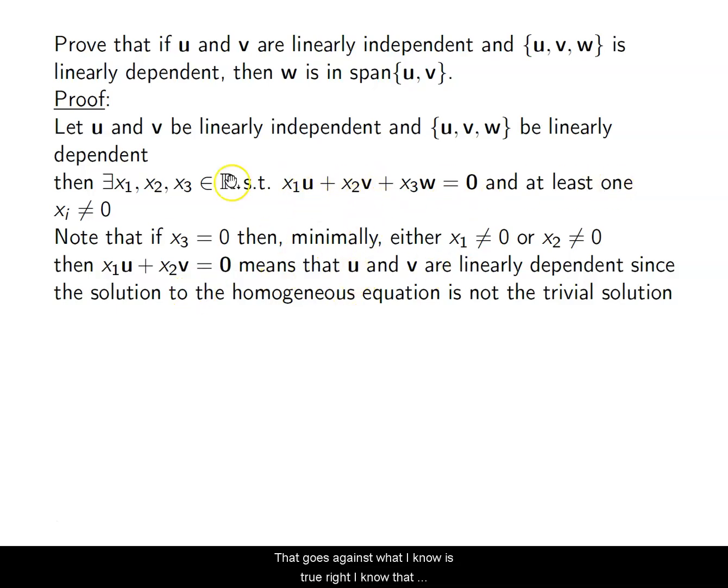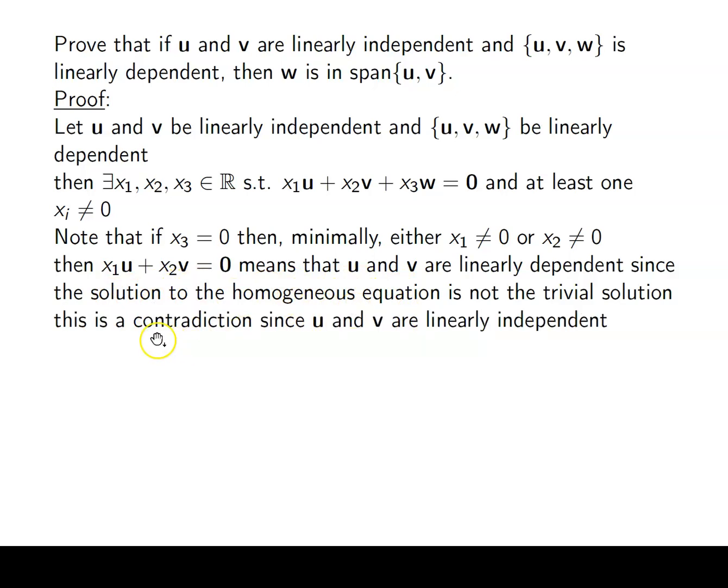That goes against what I know is true, right? I know that these are independent. So there's no way that one of these things cannot be 0. They have to be 0 because they're independent, which means the trivial solution is the only solution here. It's a contradiction because u and v are linearly independent. Therefore, this is the one that's not 0.